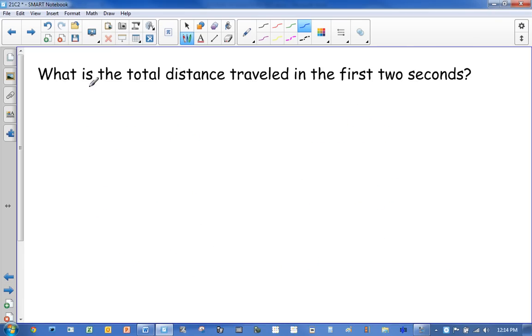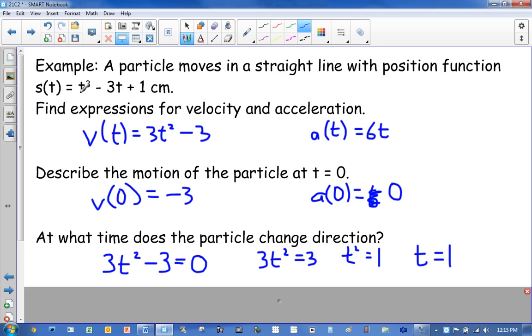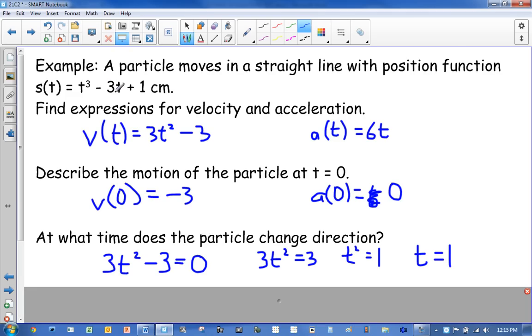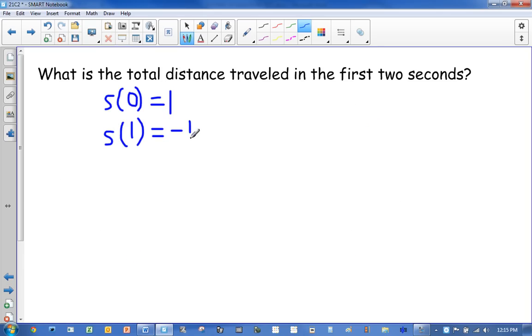So what is the total distance traveled in the first 2 seconds? Well, at time 0, the position was 0 cubed minus 3 times 0 plus 1, so it was at 1. At the time when it changed direction, that was after 1 second, so I need to know where it was after 1 second. 1 cubed minus 3 times 1 plus 1 is -1.